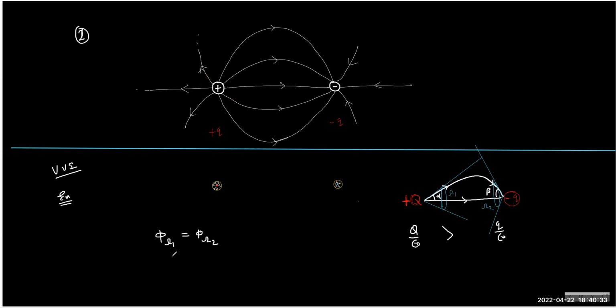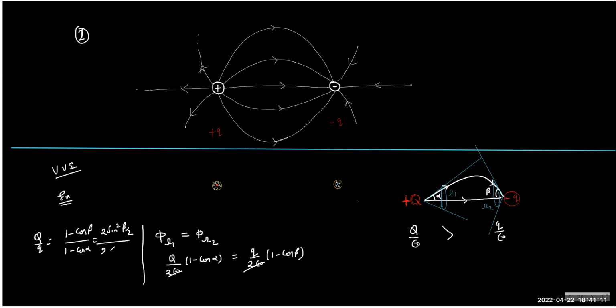How to write the flux in terms of charge? We can write q by 2 epsilon naught times (1 minus cos alpha), and here q by 2 epsilon naught times (1 minus cos beta). So we can write q1 by q2 equals this.